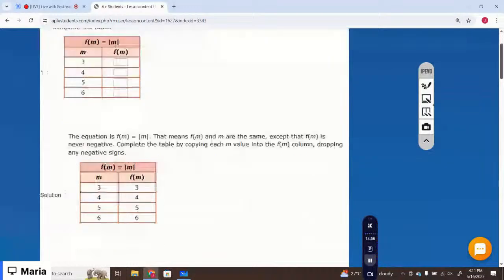So we are given m equals 3, 4, 5, 6. The absolute values are all the positive values, dropping the negative sign. We don't have any negative sign here, so f of m is the same: 3, 4, 5, and 6.